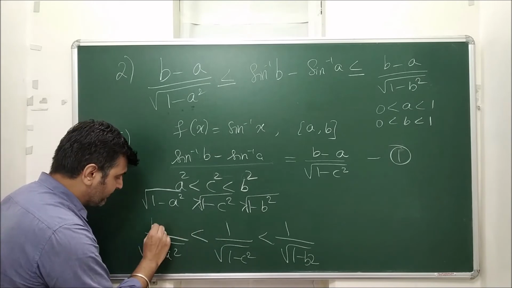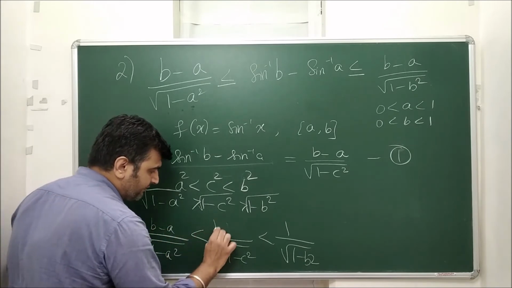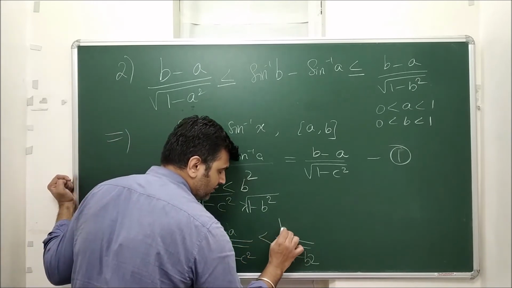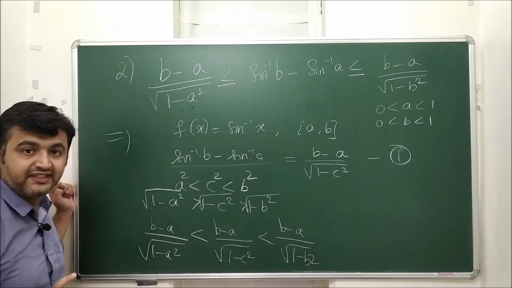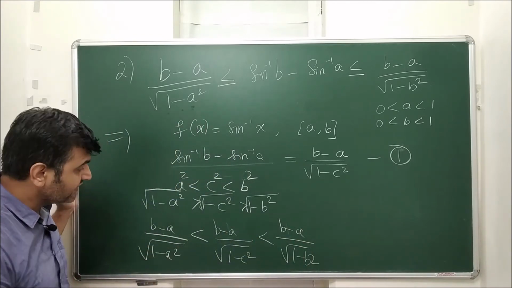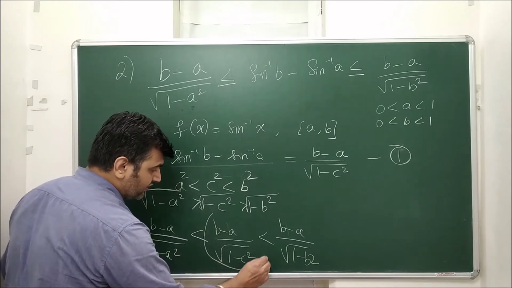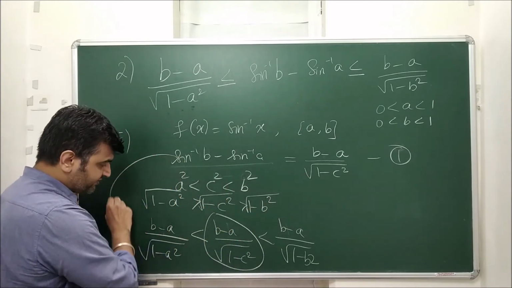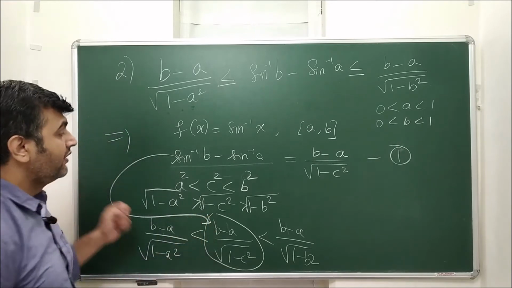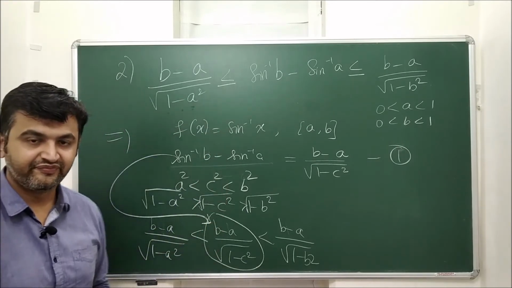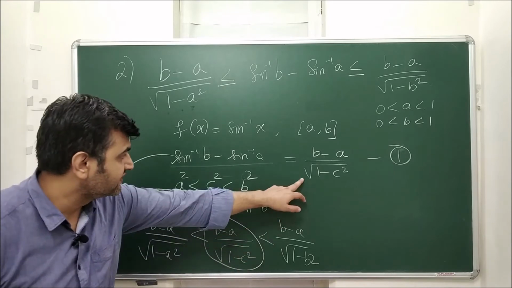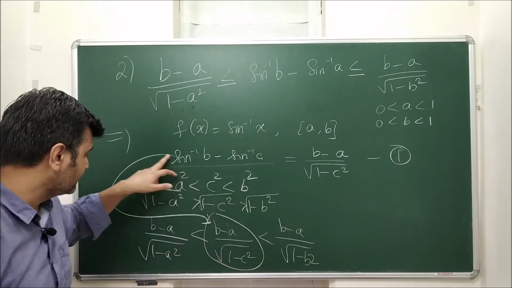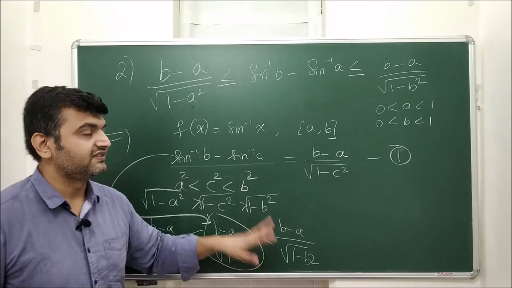So now we multiply by b minus a, and the inequality remains the same. And that's all. What is this quantity? By 1, this quantity is nothing but sin inverse b minus sin inverse a. So you substitute this over here and you get your proof.